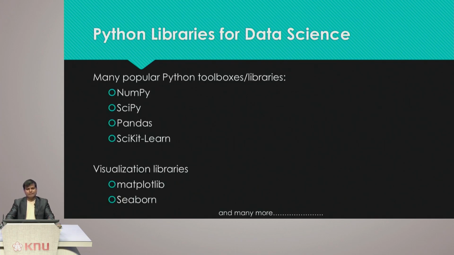Okay, here it is, Python libraries for data science. Many popular Python toolboxes and libraries are given here. As you can see, NumPy, SciPy, Pandas, scikit-learn, and we do have other visualization libraries like Matplotlib, Seaborn.